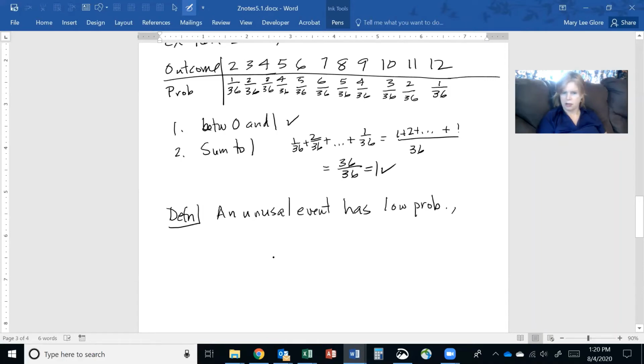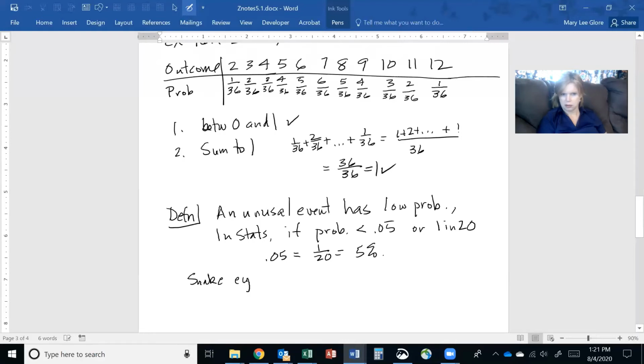And usually in stats, we tend to think this is if the probability is less than 0.05, or 1 in 20. This is 1/20th, so 0.05. We could write it as 5% as well. So if it's less than any of those, then it is unusual. So our snake eyes is unusual.